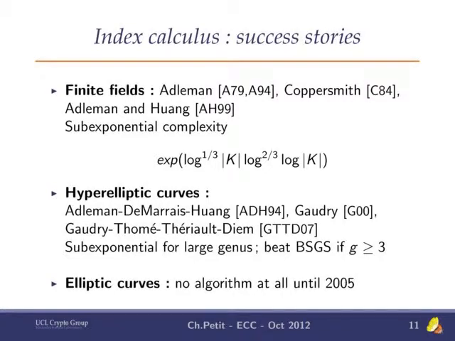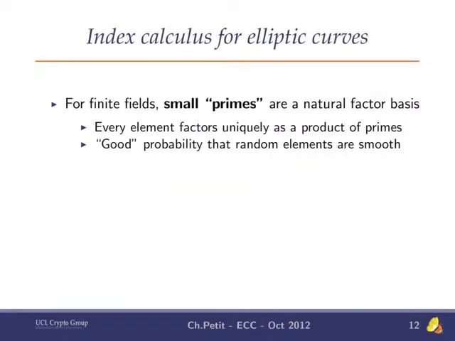But for elliptic curves, it has been a big open problem, and there was actually no algorithm at all until 2005. So one of the main difficulties in adapting this index calculus approach to elliptic curves was how to define the factor basis and how to find relations. So for finite fields, you have a natural definition that consists of the small primes.